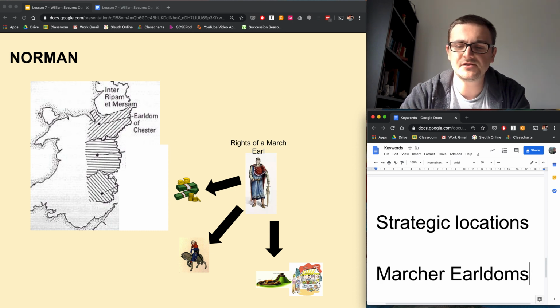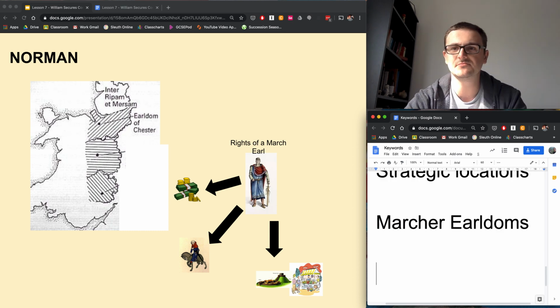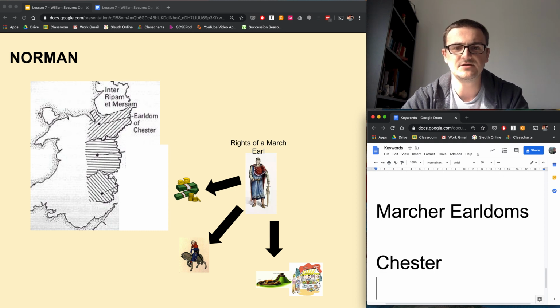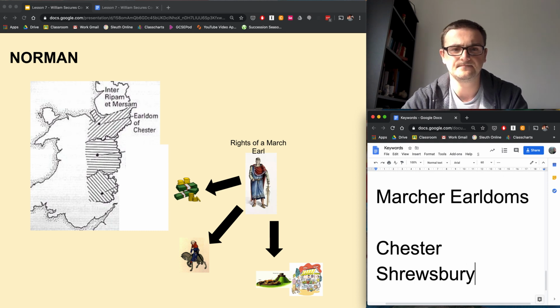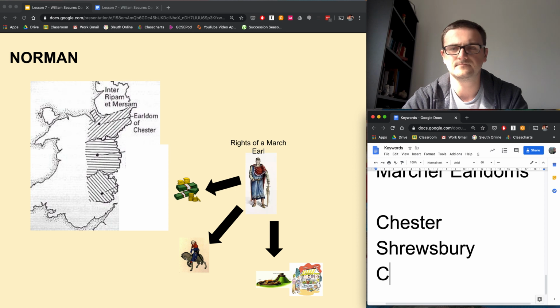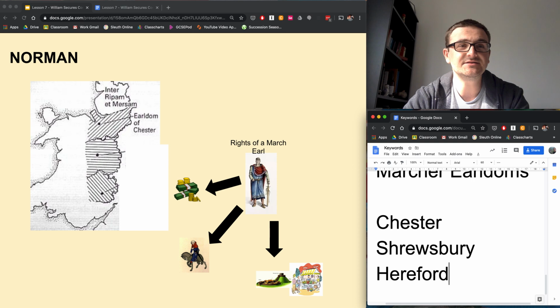I'll put those 3 names on screen so you can spell them correctly. Now these marcher earldoms, as you can see from that map, were much, much smaller than a typical earldom. They were smaller because William thought that would mean they'd have less people in them and they'd be much easier to control.